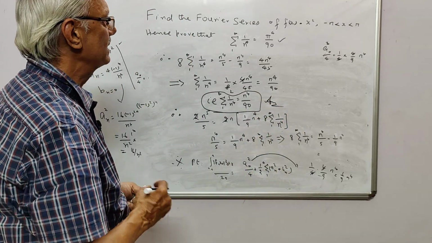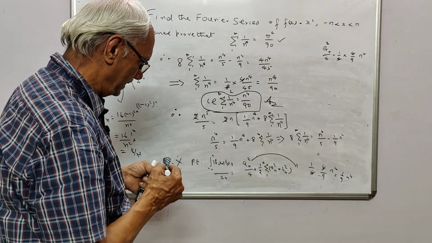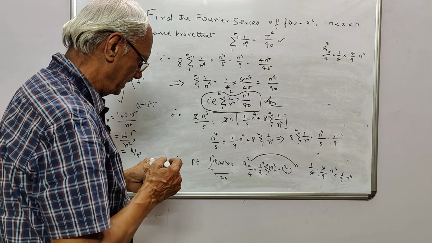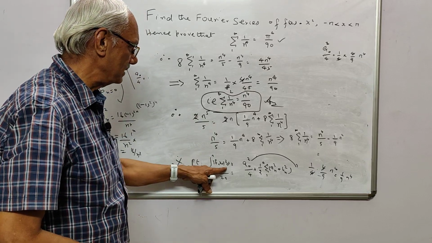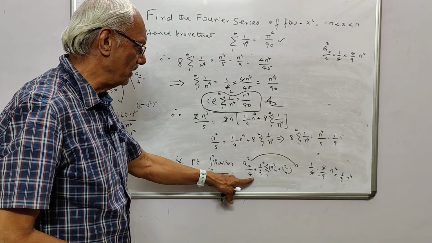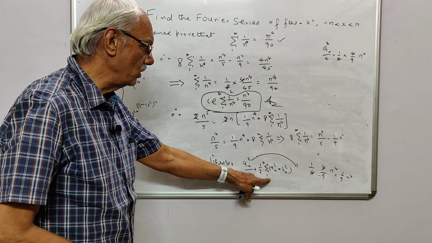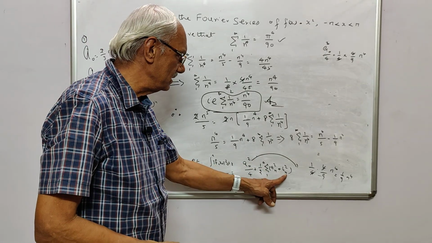So I have arrived at the answer. So you see what I have done here? I have applied Parseval's identity theorem. That Parseval theorem states that the integral from minus π to plus π of f(x) modulus squared dx divided by 2π is equal to a naught squared by 4 plus half of the sum from 1 to infinity of an squared plus bn squared. I substitute here bn happens to be 0.